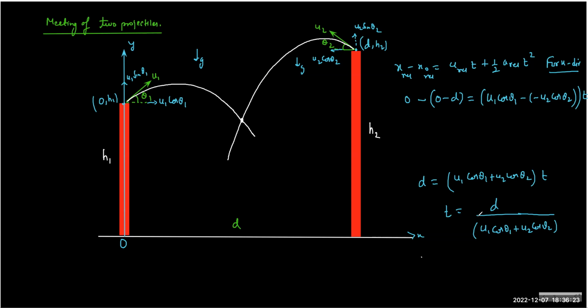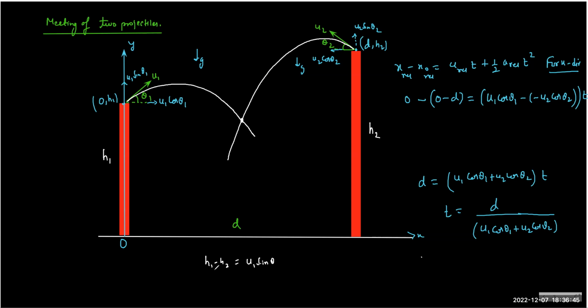Done, sir. Very good. So tell me, what was your equation? Z minus H1 minus H2 equals U1 sin theta 1 minus U2 sin theta 2 times T. Is it H1 minus H2? I got H2 minus H1.